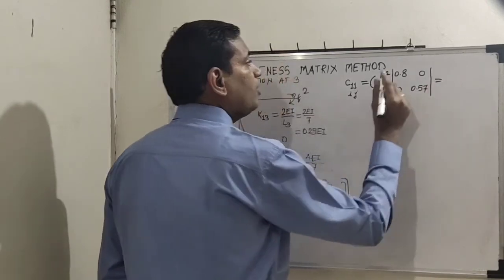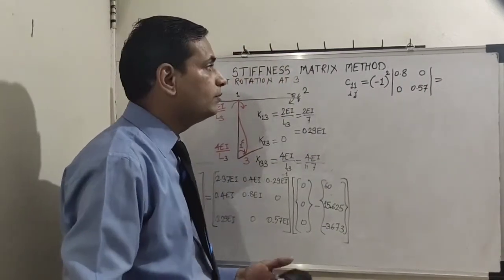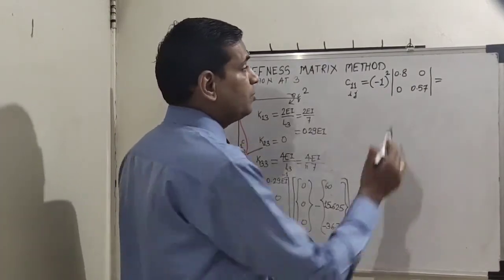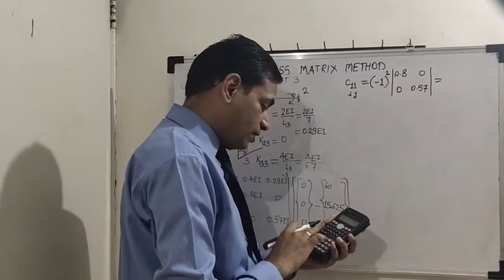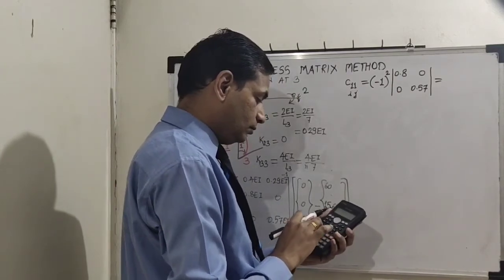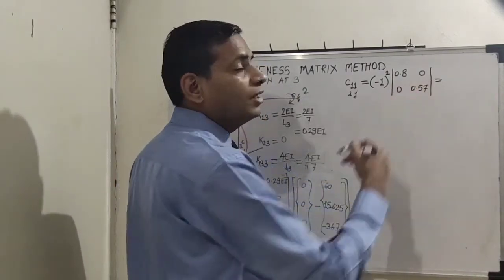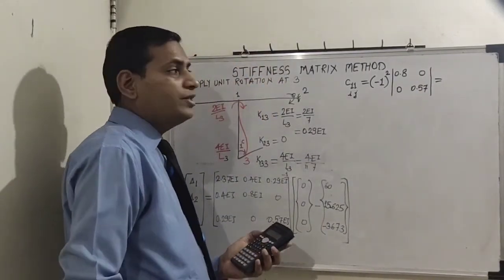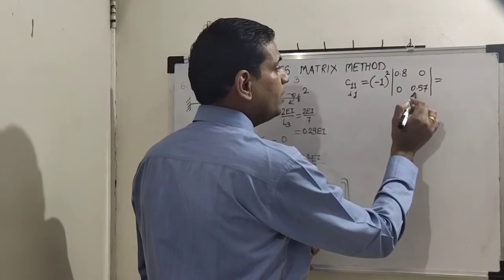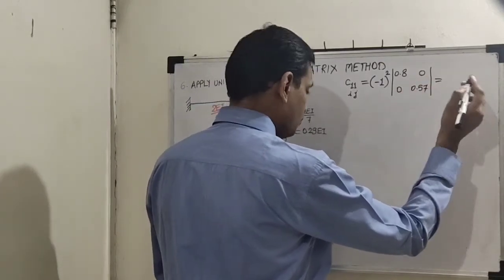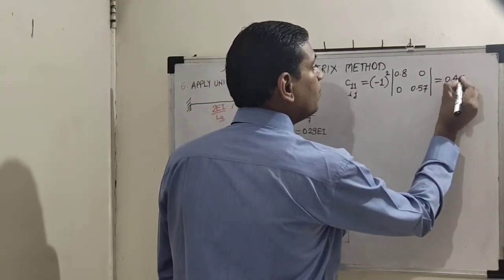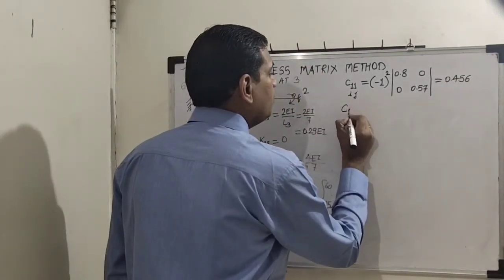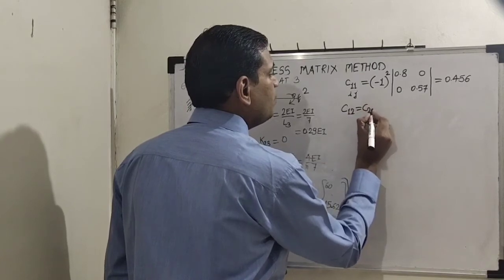Minus 1 square becomes plus 1, into cross multiplication: 0.8 into 0.57 minus 0 square, which is 0.456.